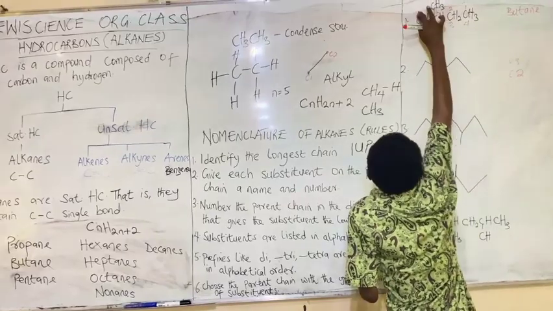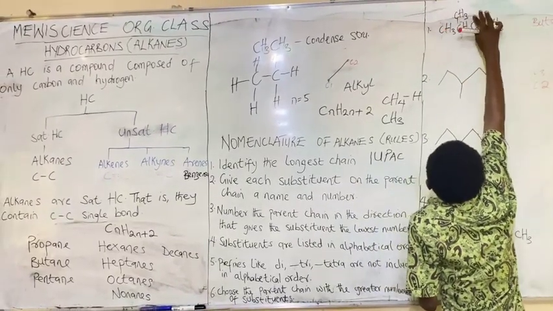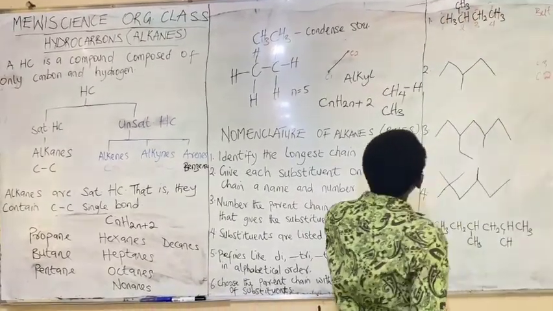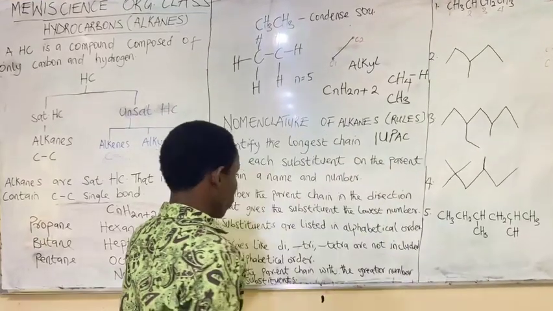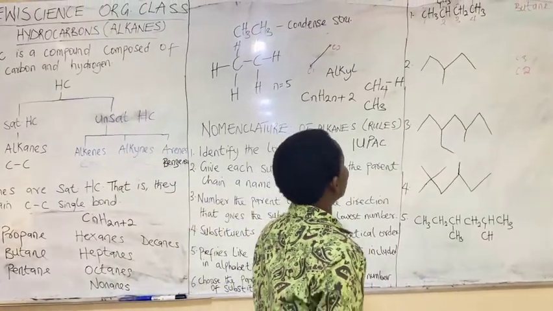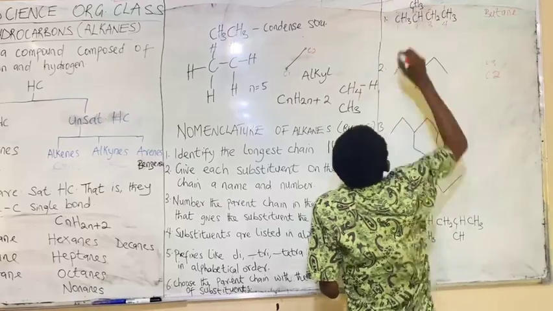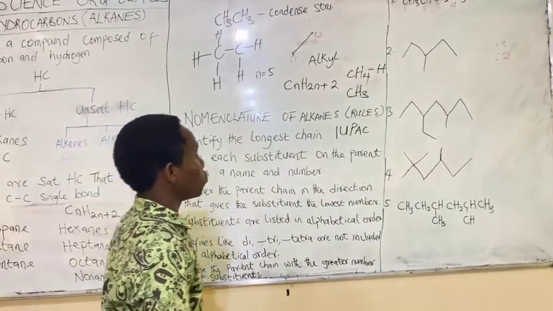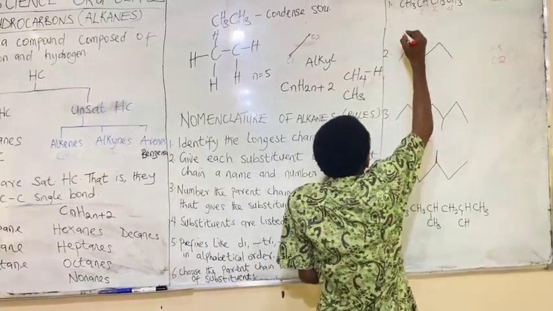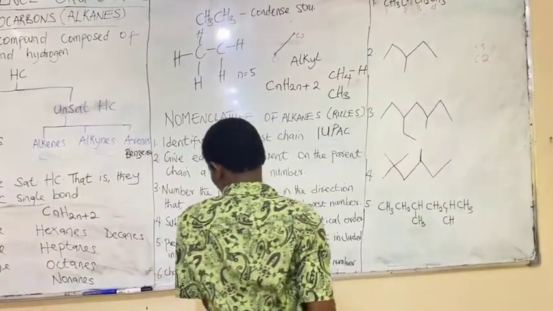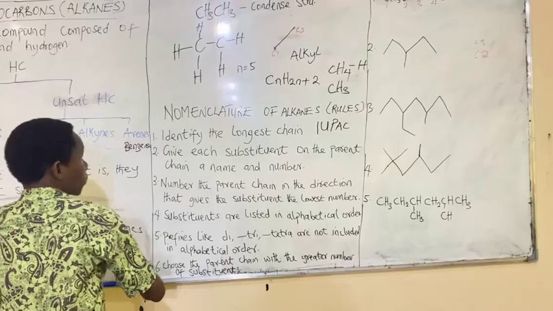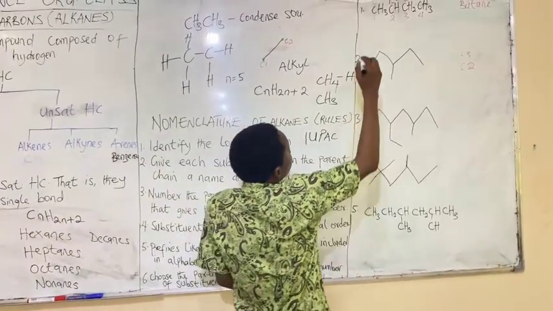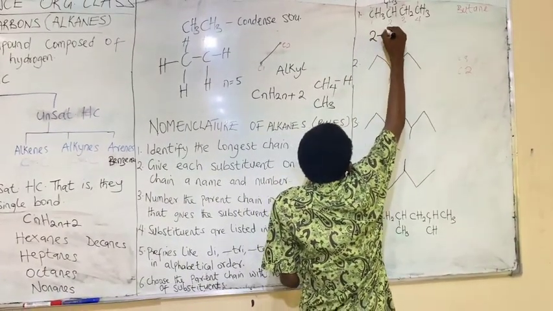So we are not using the other directions. What then is the name of this alkane? The substituent is called methyl, and the methyl group is on carbon 2. Therefore, the name will be, let me use the black, 2-methyl.